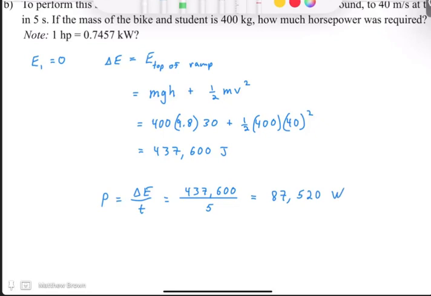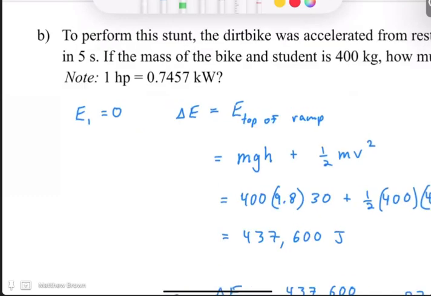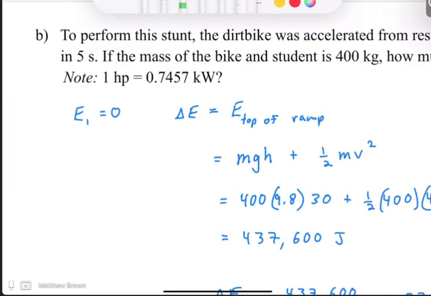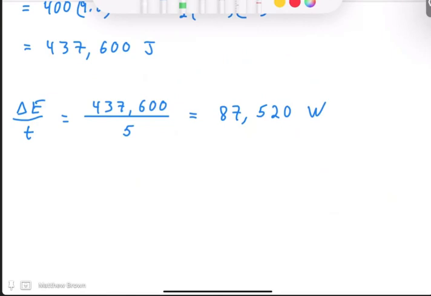Now we're asked how much horsepower was required. Well, horsepower is a unit of power, and we're actually given the conversion here. Note that 1 horsepower equals 0.7457 kilowatts. I've got my answer in watts, so to get that in kilowatts, I just divide it by 1,000.